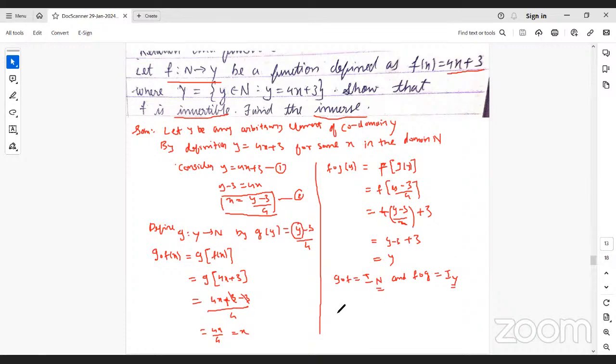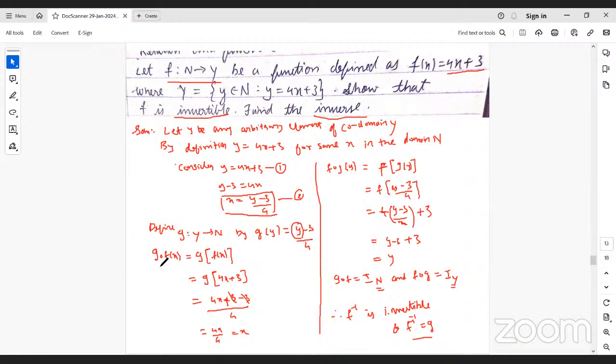Therefore we can say f is invertible. And since f is invertible, we can write f inverse is equal to g. So the inverse of this function is the function g. g is nothing but the inverse of this given function.